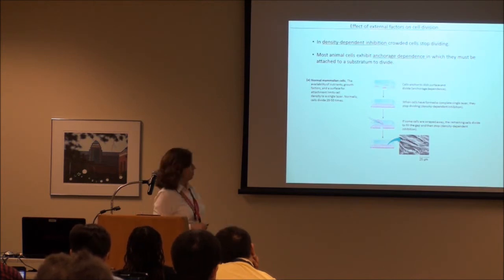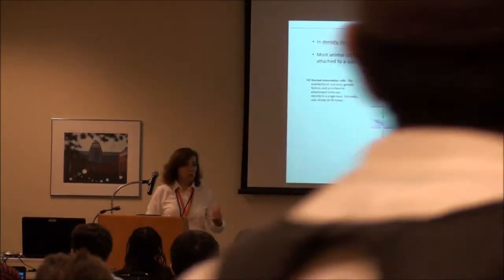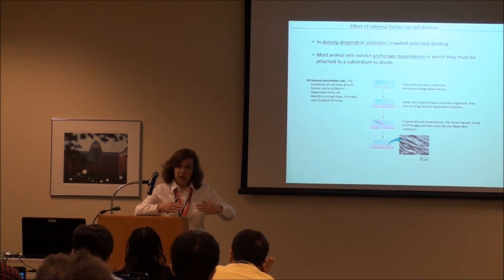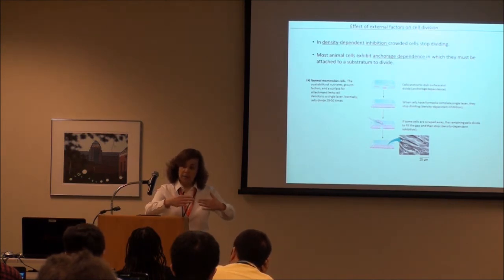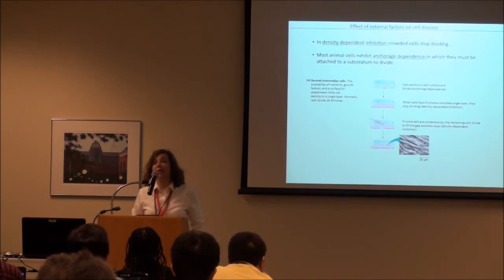And then they stop. Why? There is no space, lack of nutrients, lack of oxygen, and lack of a way to eliminate the waste. The cell feels the lack, that environment change. And that's called the density-dependent inhibition.